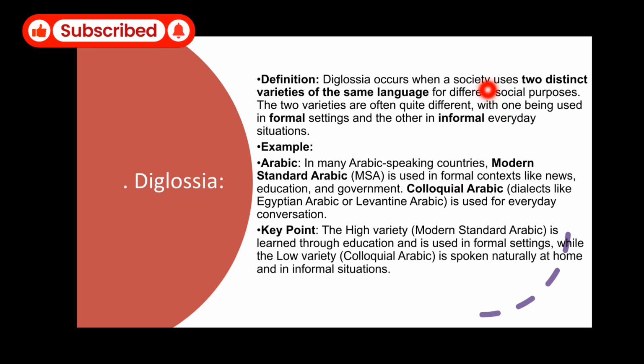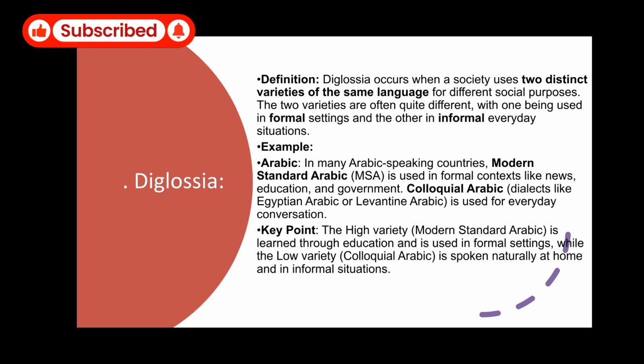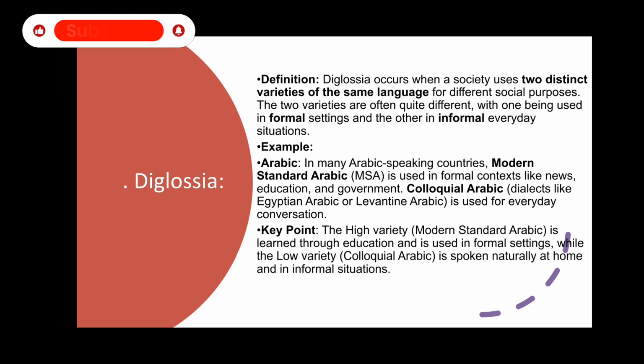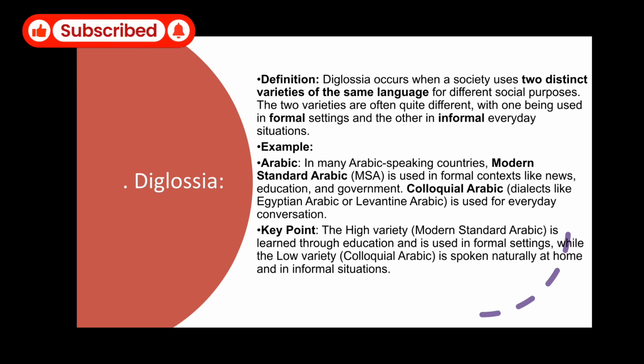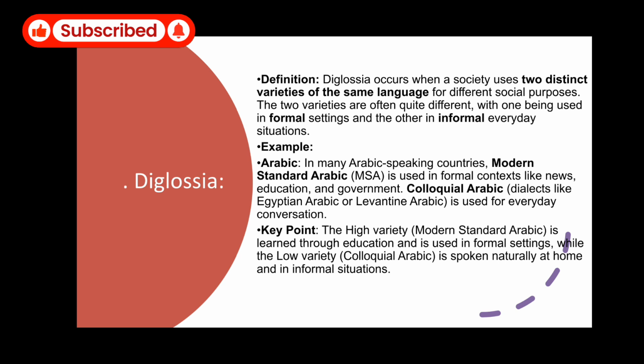So how can we summarize this slide? We can define that diglossia is the existence of two varieties of the same language, and these two varieties are used for different and distinct purposes. One variety, which is called the high variety, is used in schools, colleges, universities, parliament, news channels, media, etc. And one variety that is called the low variety, the colloquial variety, is used in informal settings, for casual or informal conversation.